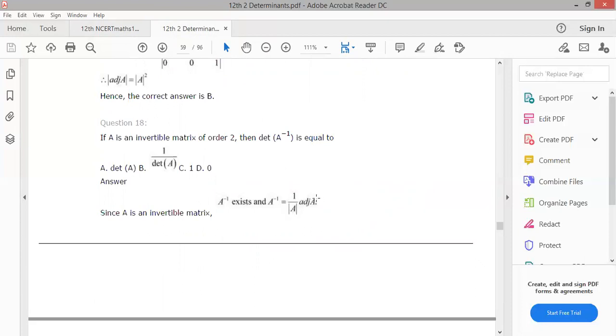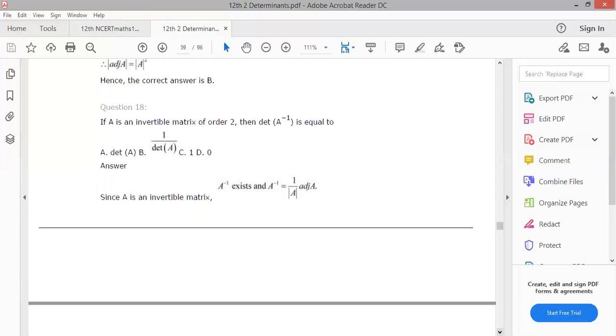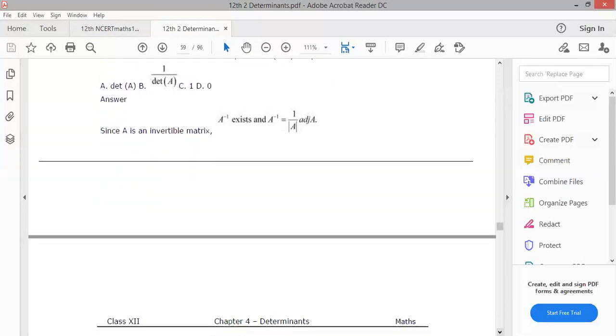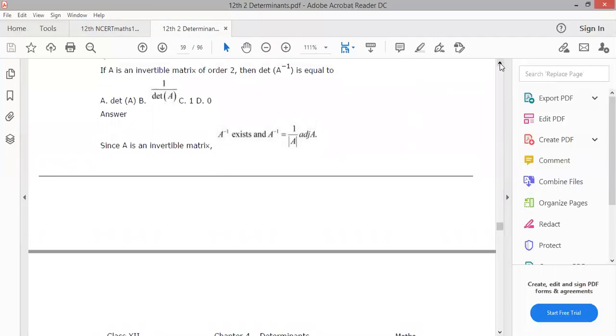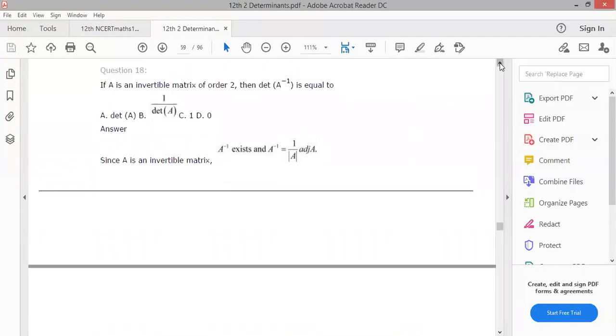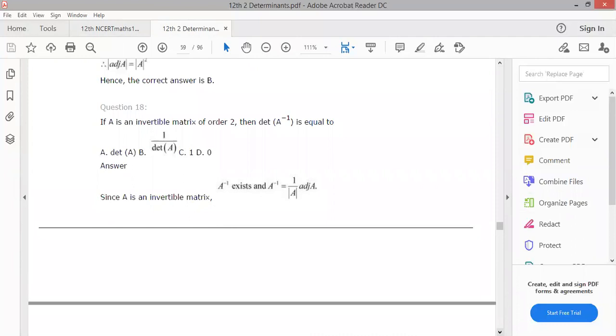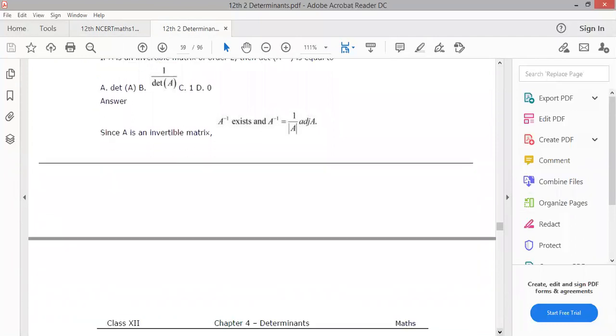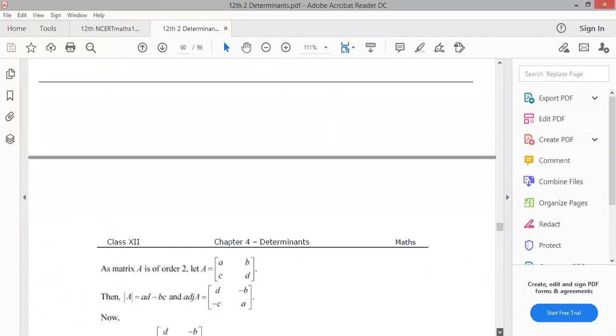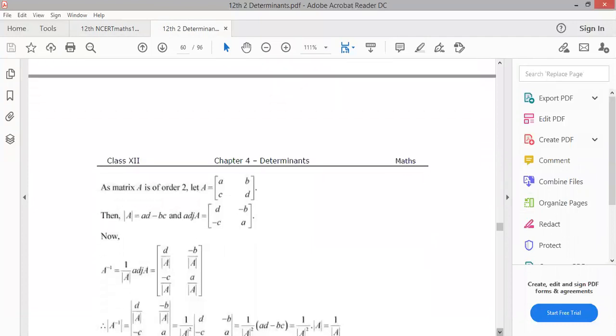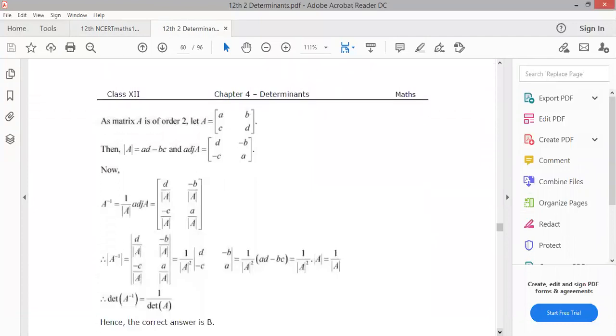This is a scalar quantity, and here it is the determinant of adjoint of A. Determinant of adjoint of A is determinant of A, but with power 1 less. So this will be simply 1.